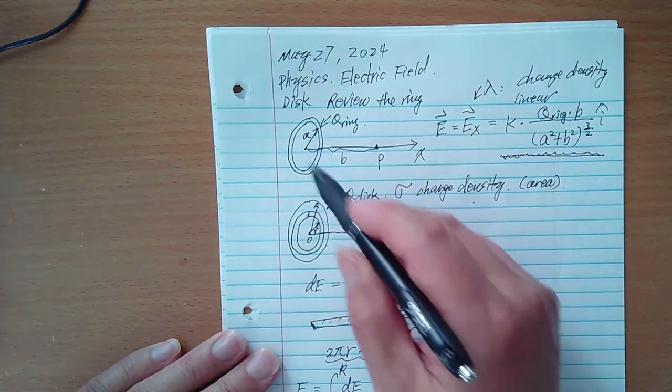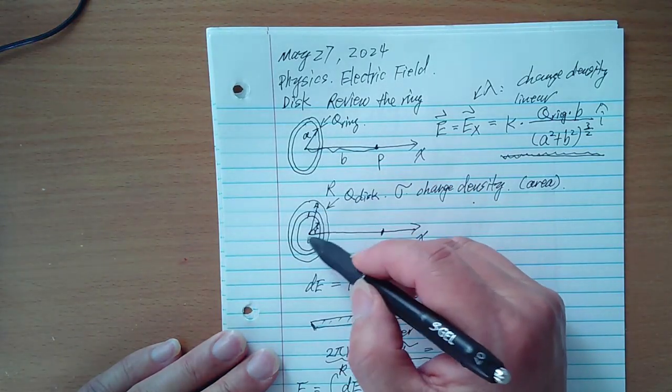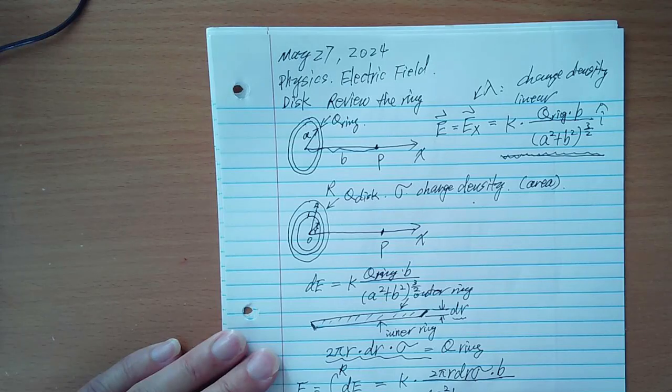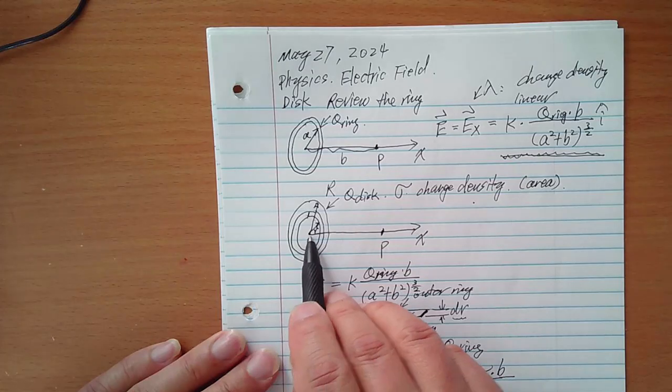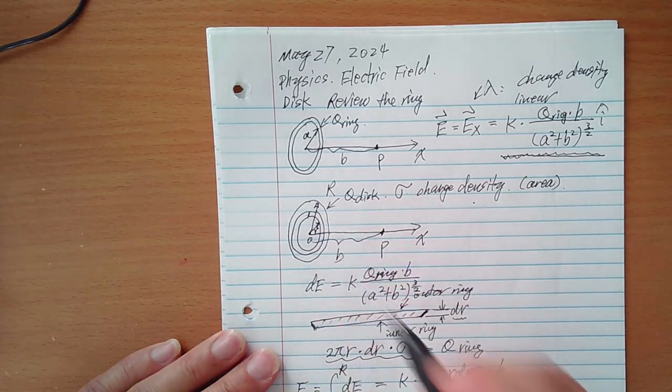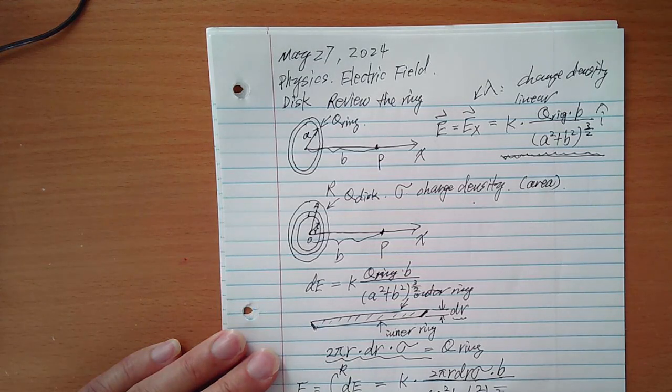If we move this to this graph, this A corresponds to the R right here. So indeed, A squared will be R squared plus B squared. B squared is the same because that's the distance from the origin to the point of interest. And then the power 3/2. Okay, and then we're going to integrate from 0 to R.